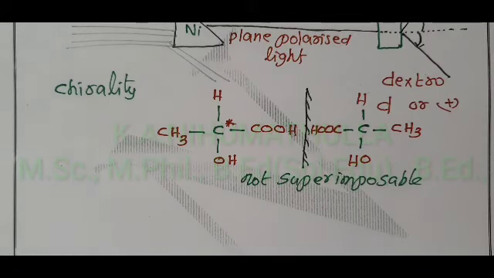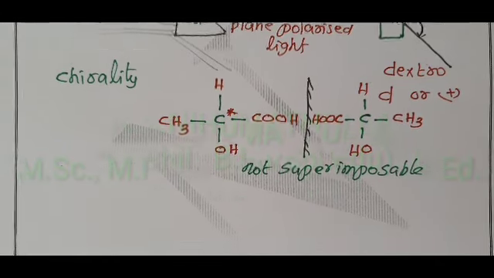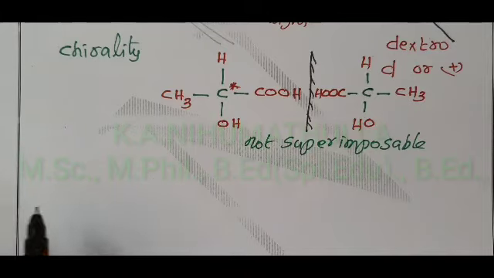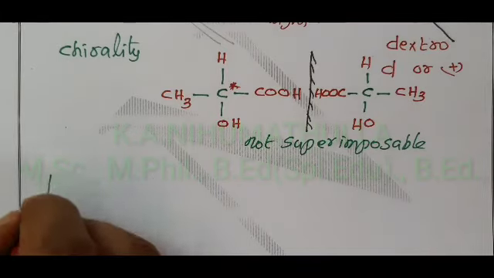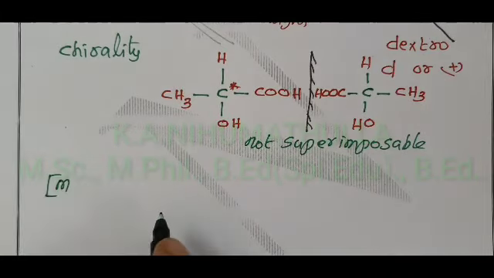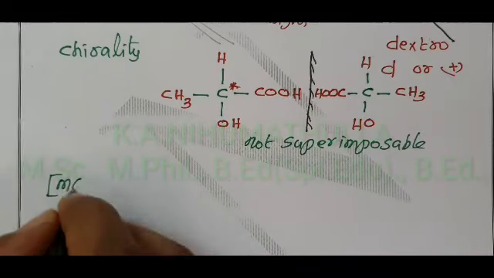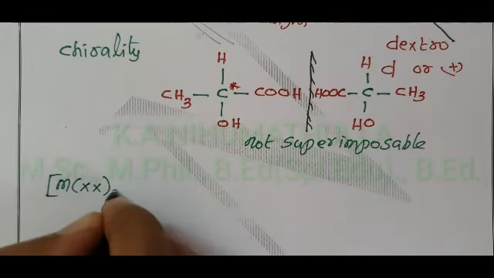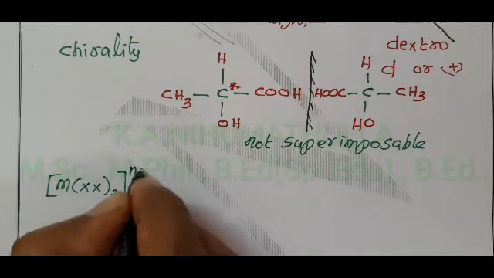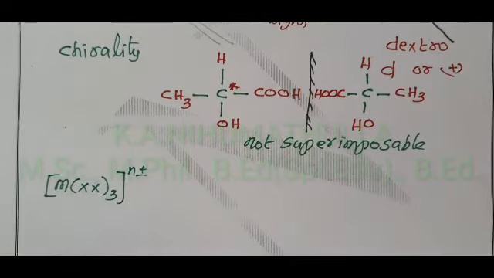Coordination compounds with coordination number 6 exhibit optical isomerism. The general formula of the coordination compound exhibiting optical isomerism is metal M and a bidentate ligand with the same donor atom.